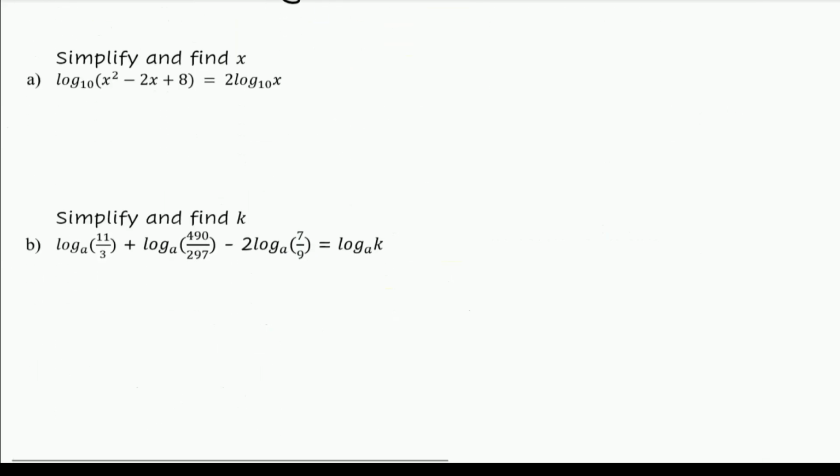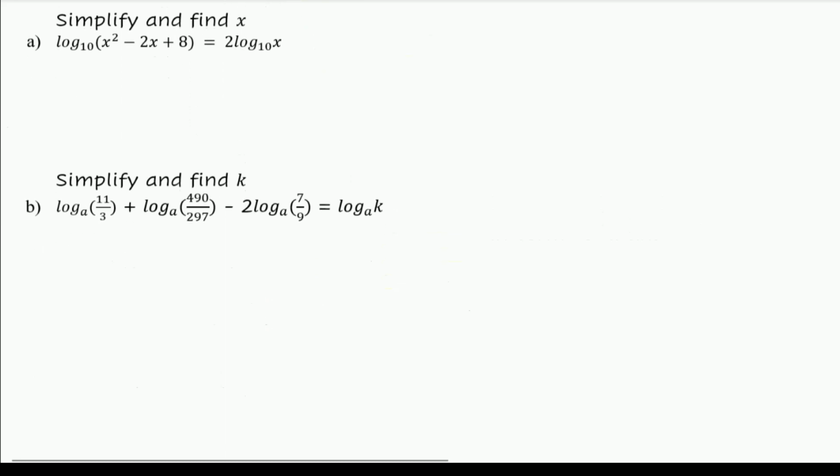Let's move on to our next two examples. So both of these are asking me to simplify my expression and then find either x or k. So what I want to do is try and get this so that I can cancel out these logs here so I can then solve for x.